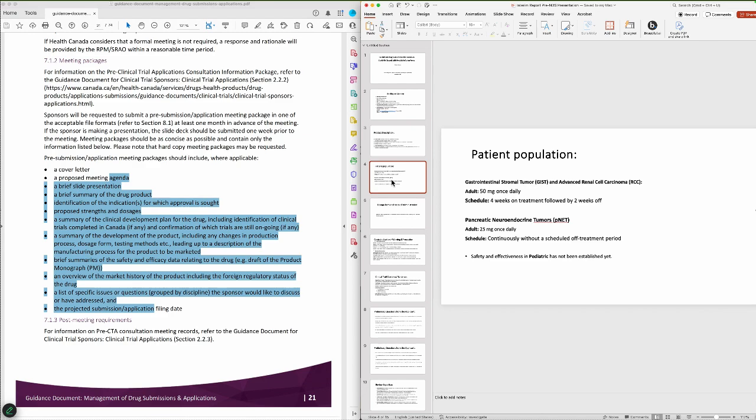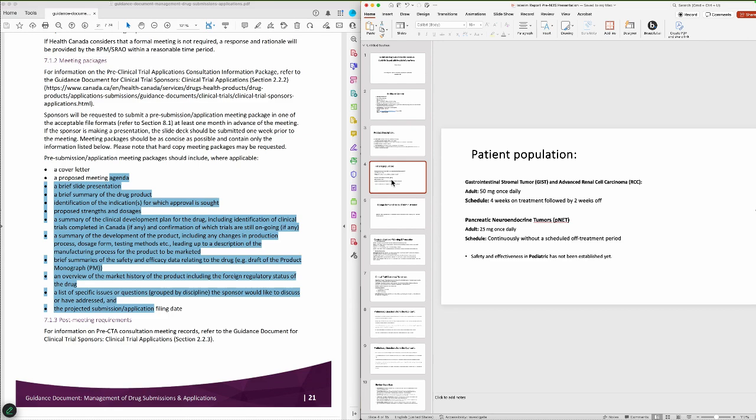And then when they attend your meeting and your presentation, this is where they are also going to think about additional questions, or they have their own questions. So this presentation is just the start of the meeting. The real thing that happens in the meeting is the exchange of information on product quality, safety, and efficacy between experts from Health Canada and experts from the company.